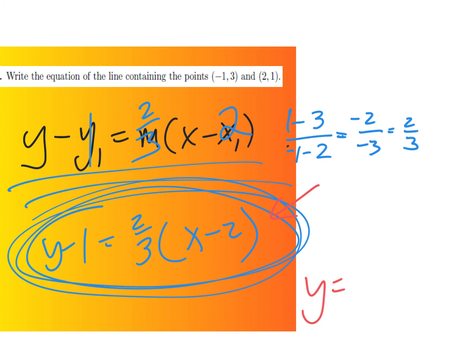Just got to erase this and start over. 1 minus 3 over 2 minus negative 1, which would be positive 3. To be honest on this one, I knew that the kid told me it was positive 2/3, and I thought, oh yeah, there must be a negative down there. So, sorry about that. It is negative 2/3. So this is a negative 2/3, and thank you.